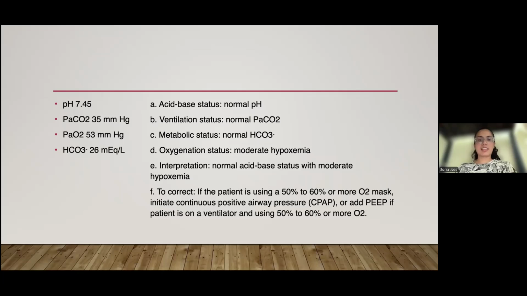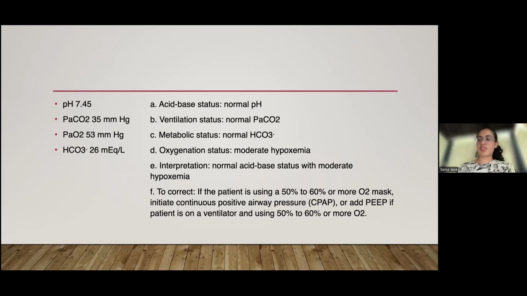But in this exam, we'll look for the range only. If it is between 7.35 and 7.45, it is normal. So that is a difference between the DHA exam and our normal setting. The PaCO2 is also in the normal range, HCO3 is also in the normal range, and PaO2 we can see here is moderate hypoxemia.